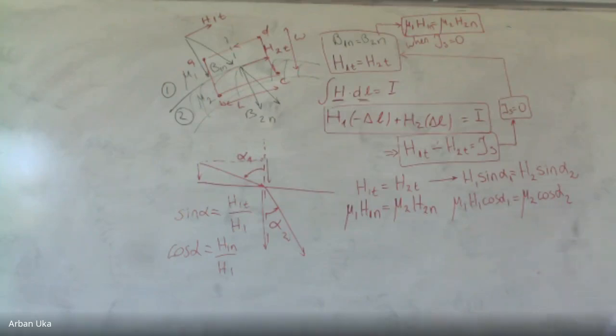And then what we can do is divide both sides of the equation simply like this, and these will be cancelled. We have forgotten here an H2.